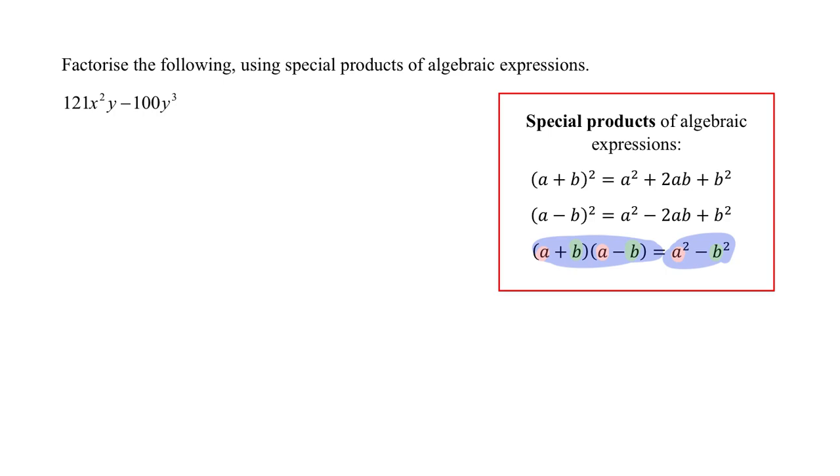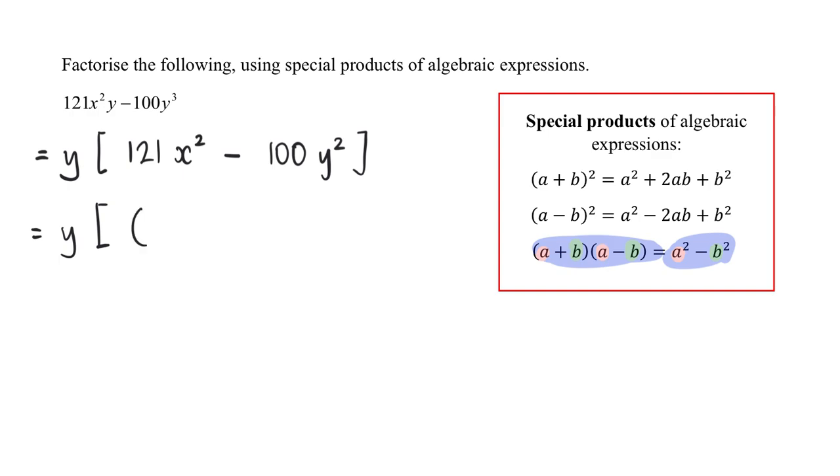This means that there is a common factor, y. And I'm left with this minus 100y squared. And then I can do things properly already. This will be something squared minus something squared.